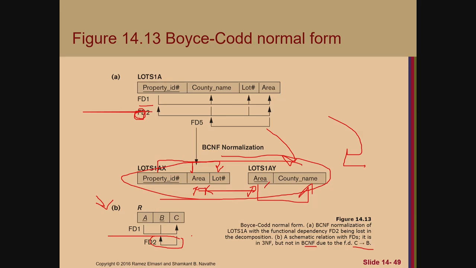We have to separate it if we want to certify Boyce-Codd, into small tables. The table will change to A and C determines B. But don't worry, it's just an example. It's very complicated. It is not going to be one of the questions in the final examination. It's too complicated. I just give you the example of how Boyce-Codd works.